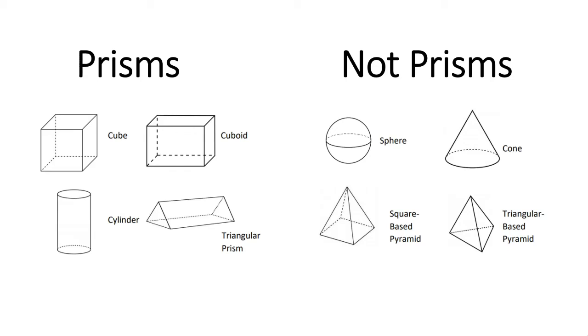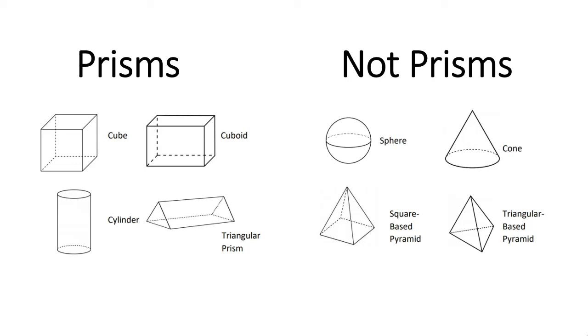The sphere, the cone, the square-based pyramid, and the triangular-based pyramid, well, we get the same shape, but it wouldn't be the same size. Think about the sphere: wherever you slice it, you're going to get a circle, but we'll get bigger circles in the middle than we will up at the top. The square-based pyramid, we're going to get a square if we slice it horizontally, but we're going to get a different square at the bottom than at the top.